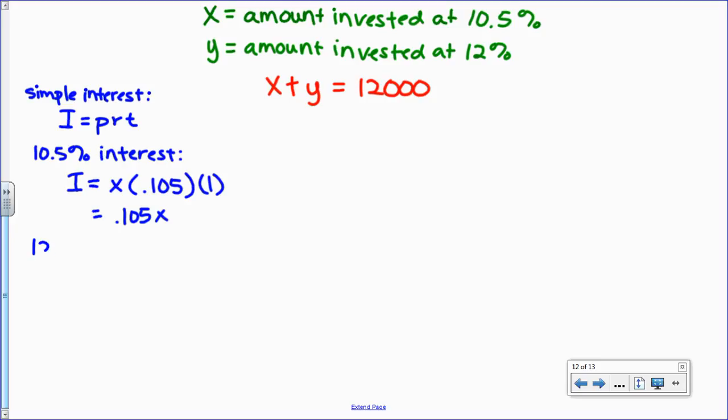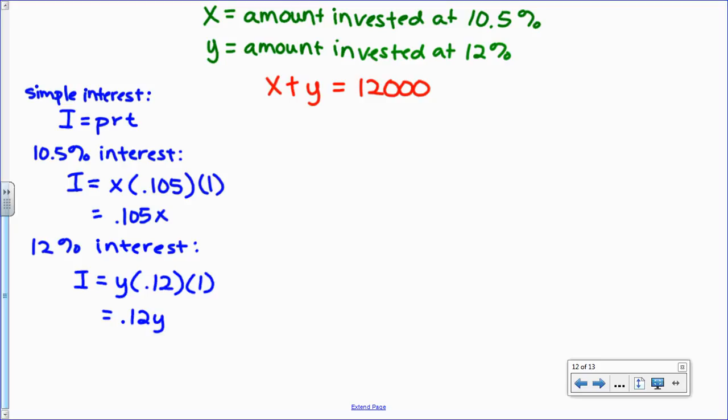Now let's look at the 12% interest the same way. My total amount that I invest, my P, is y. That's what I invested at this rate. My rate is 0.12 and my time is also 1. So this is 0.12y.